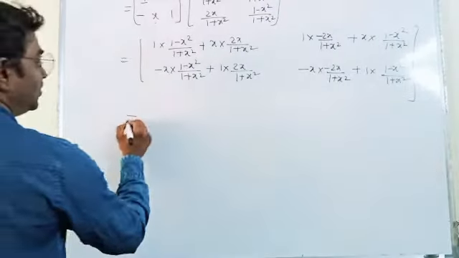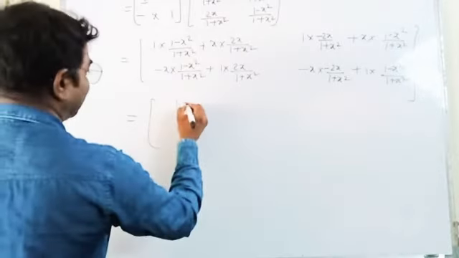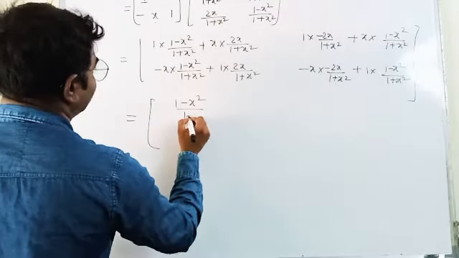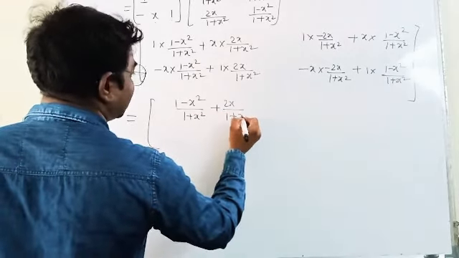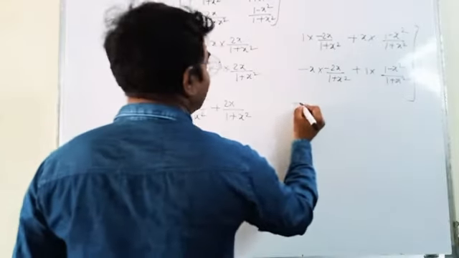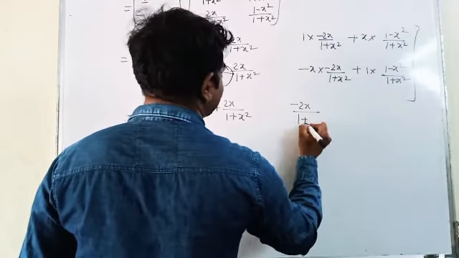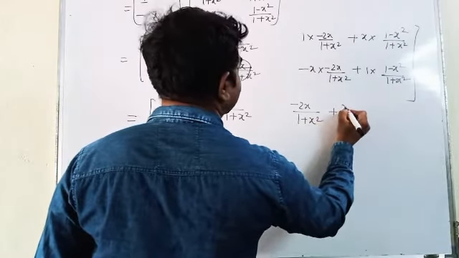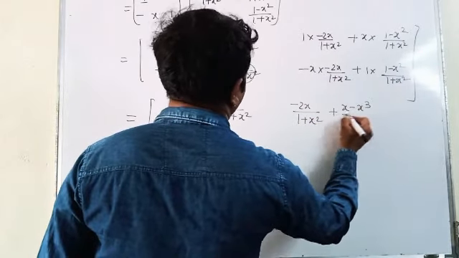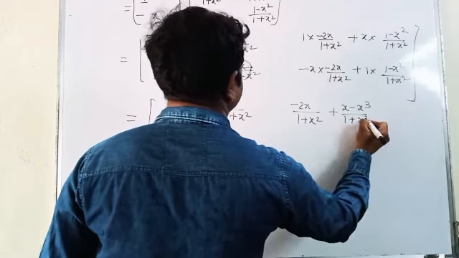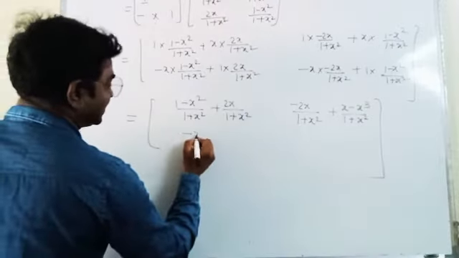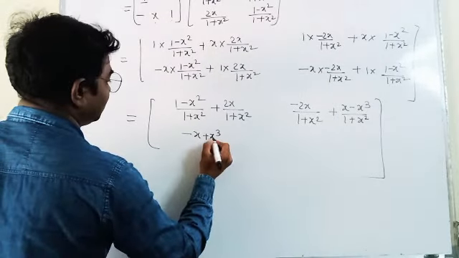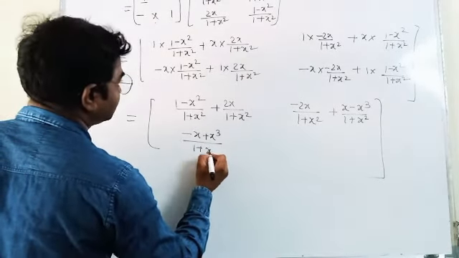So now you have to solve very carefully. 1 plus x square plus 2x upon 1 plus x square. Here minus 2x upon 1 plus x square plus x minus x cube upon 1 plus x square, and this one will become minus x plus x cube upon 1 plus x square.